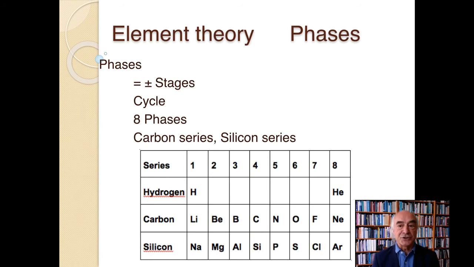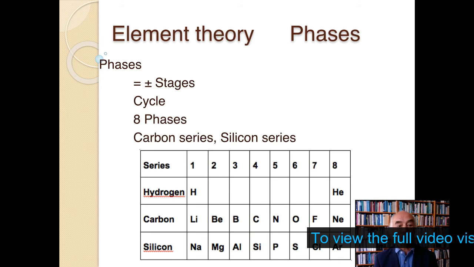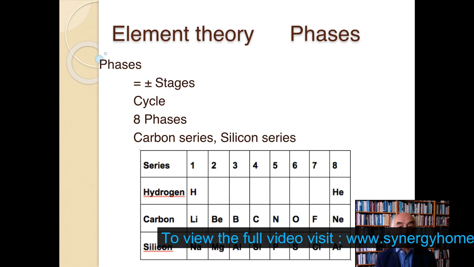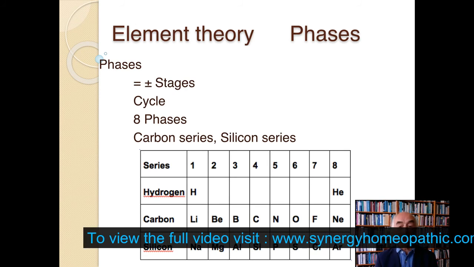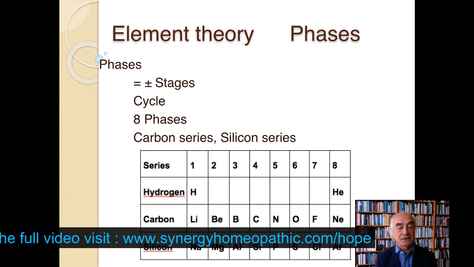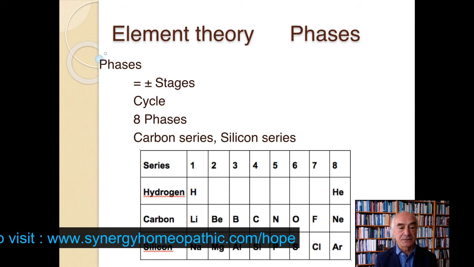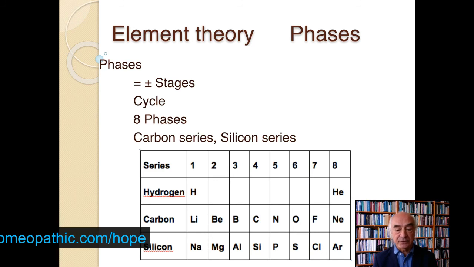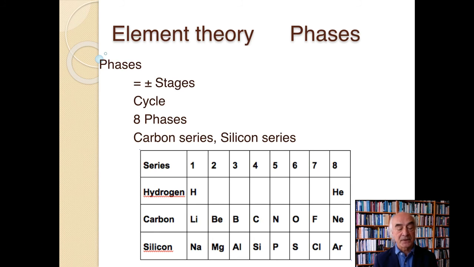The phases is a new concept, but when you know the element theory, it's basically nothing new. It's just the same kind of thing as the stages. But then the stages, how they are in the first three rows especially, the carbon series and silicon series. When you would make a periodic system of the first three rows, it would look like you see here downstairs.